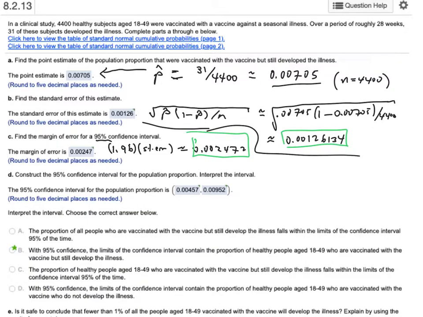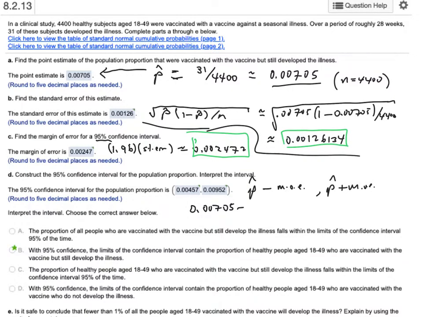For the confidence interval, the two limits of the confidence interval, one will be the point estimate minus margin of error, and the other one will be point estimate plus margin of error. So in this case, and this is where it gets hard to keep your decimal places straight, but just be very careful. P hat was 0.00705.